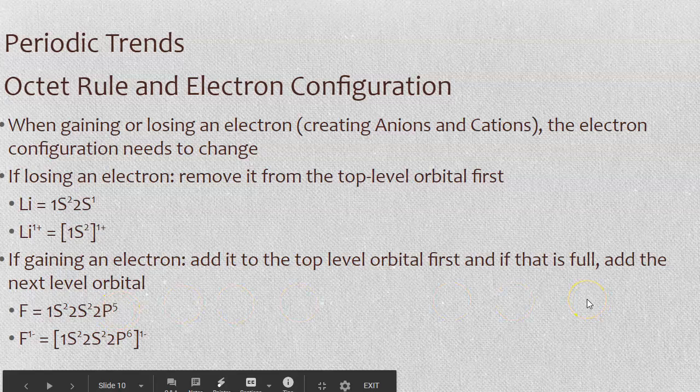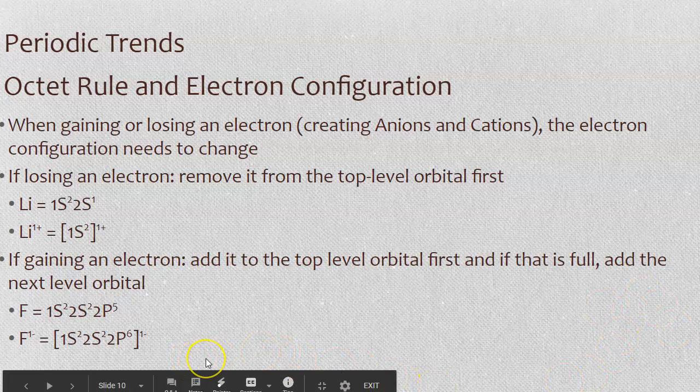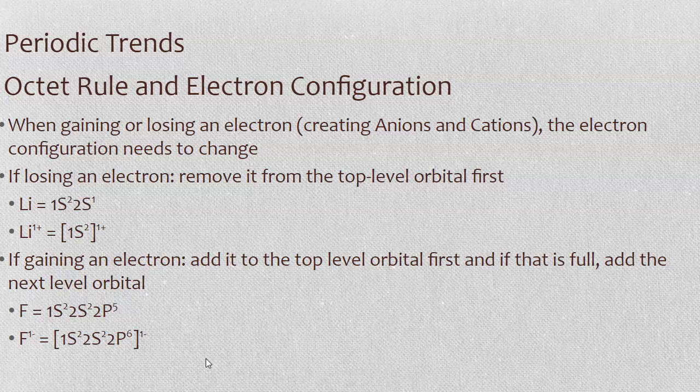How many does it need to get to noble gas configuration, which is 8? It needs 1. So it takes 1, which is what this -1 means down here, and now it has 2p6. Now it is mimicking a noble gas because it has 8 valence electrons.